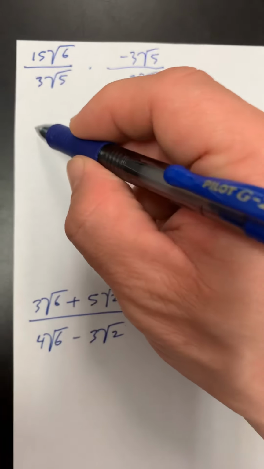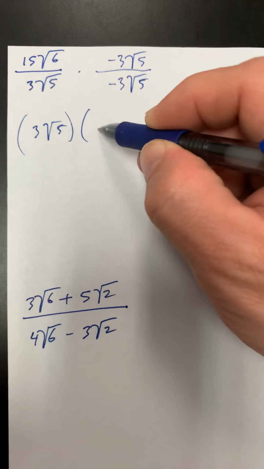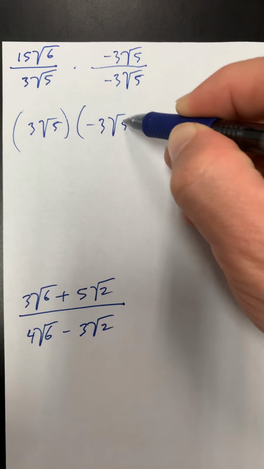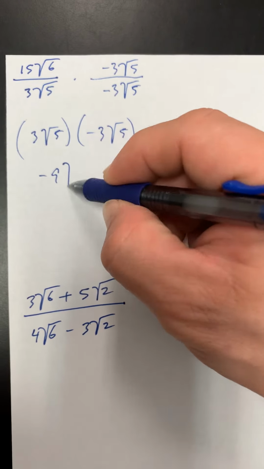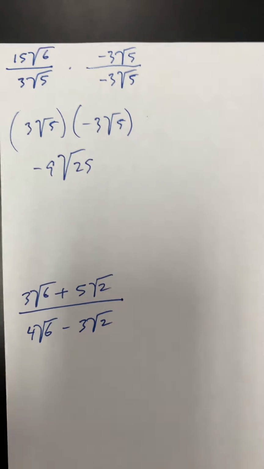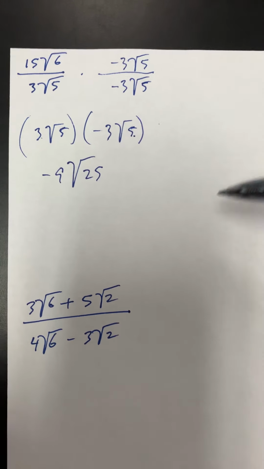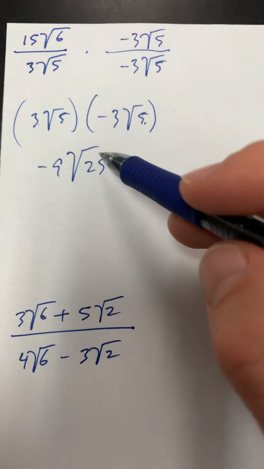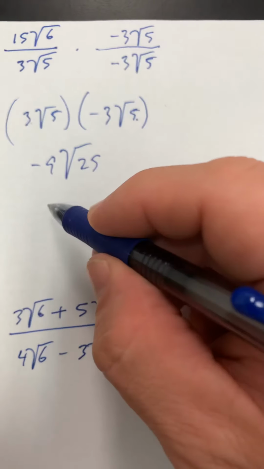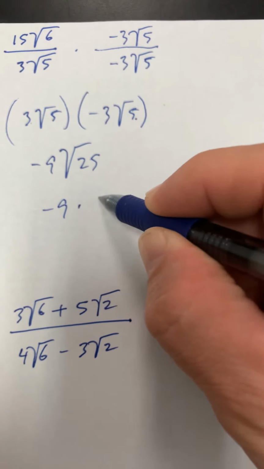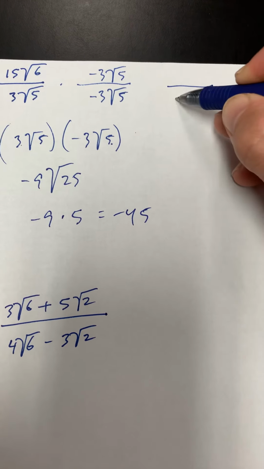We take 3 times the square root of 5 times negative 3 times the square root of 5, and you get negative 9 times the square root of 25. I multiply my coefficients together, and then I multiply my radicands together. The square root of 25 is 5, so this is actually negative 9 times 5, which is negative 45. So that's our denominator, negative 45.